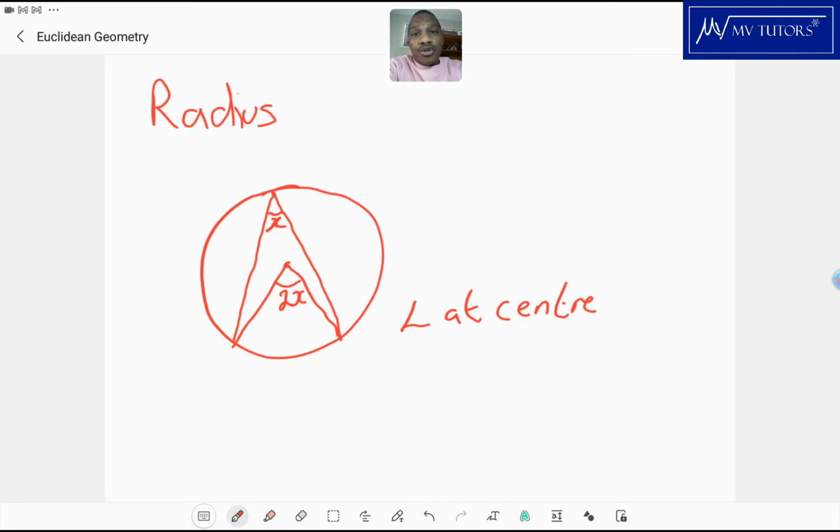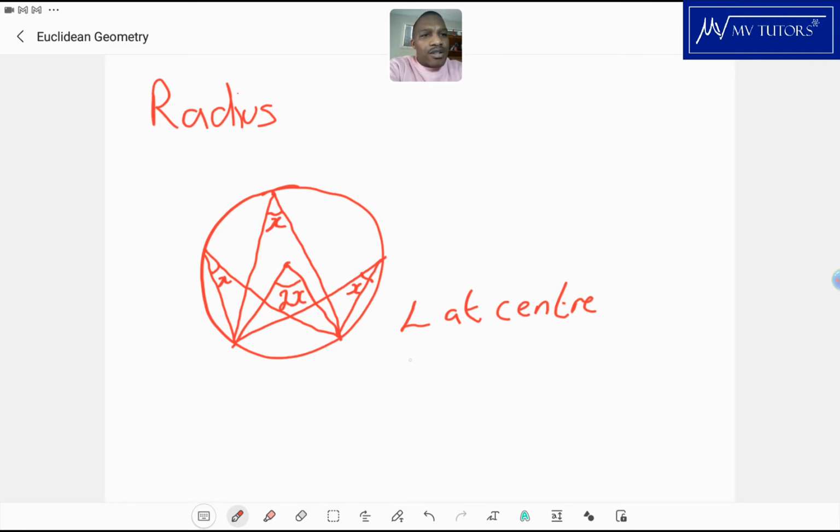Now, coupled with that, the very same fact that it's from the same chord means it doesn't matter where you subtend the angle, it's still going to be x. That angle is equal to that angle, or even if it comes on this side, that angle is still going to be x. So all angles are the same because they're subtended from the same segment.